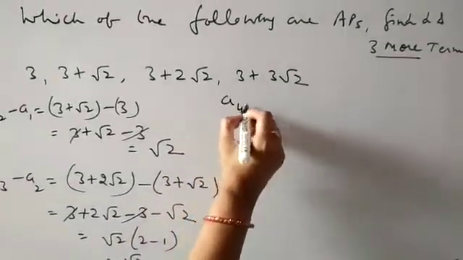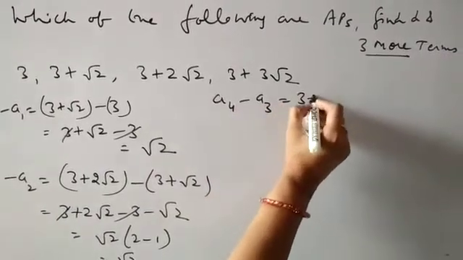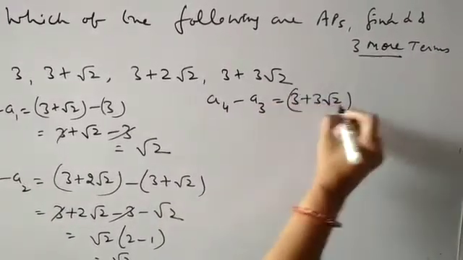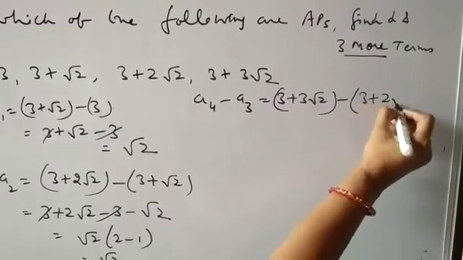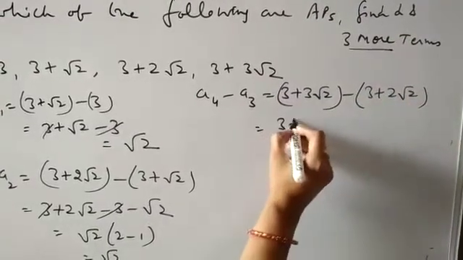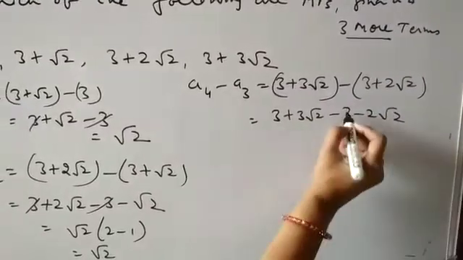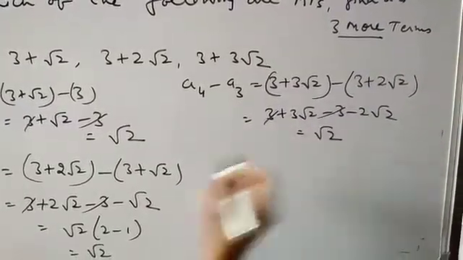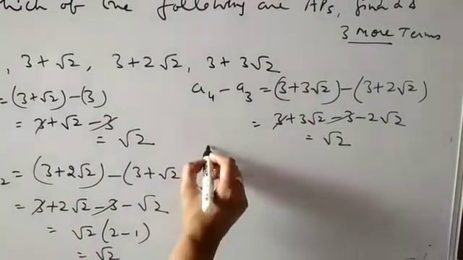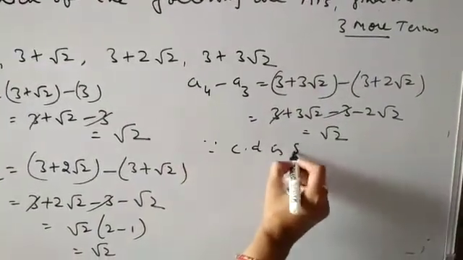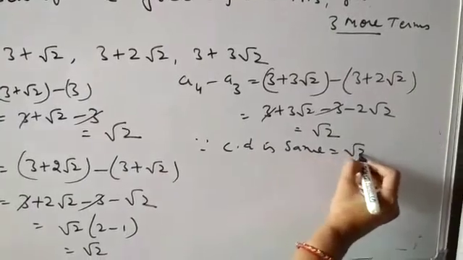Now A4 minus A3, 3 plus 3 root 2 minus 3 plus 2 root 2, that is 3 plus 3 root 2 minus 3 minus 2 root 2. It will be again root 2 because common difference is same, that is root 2.